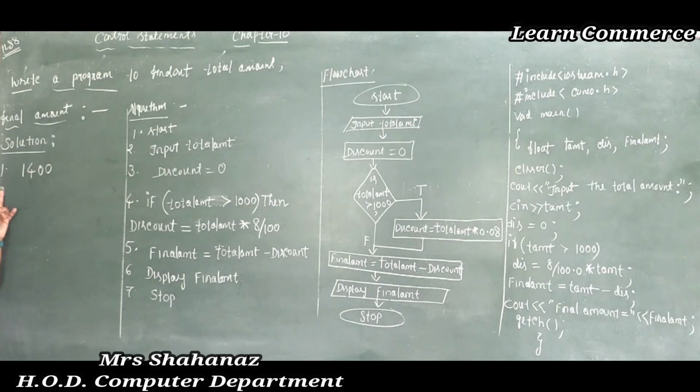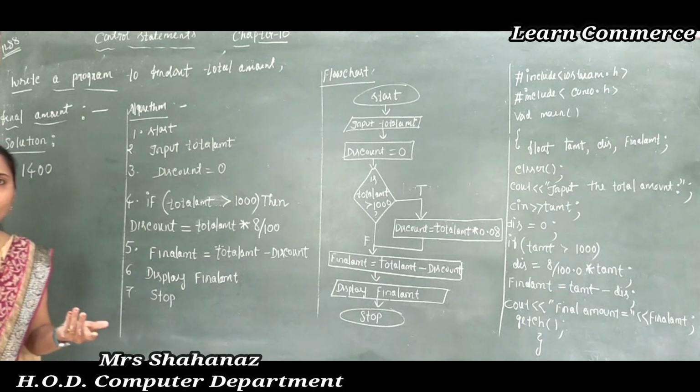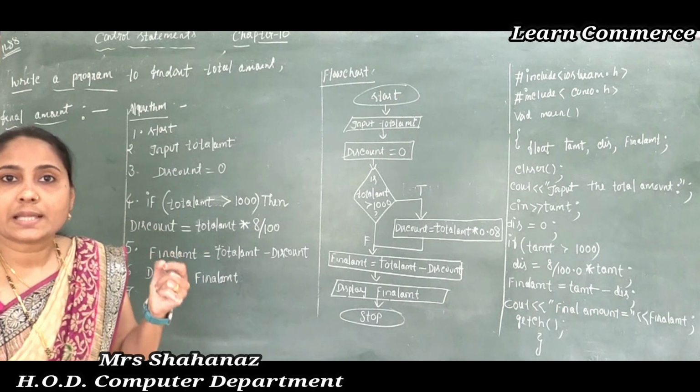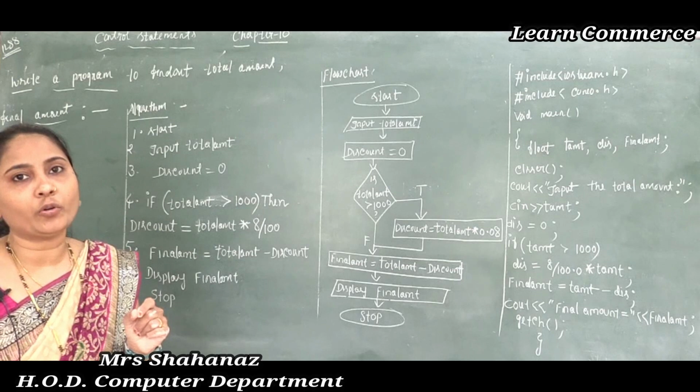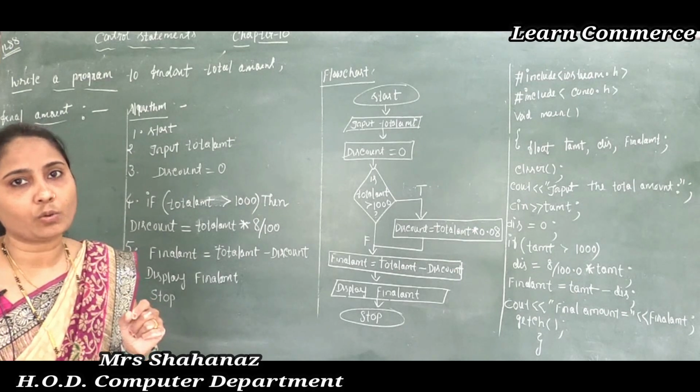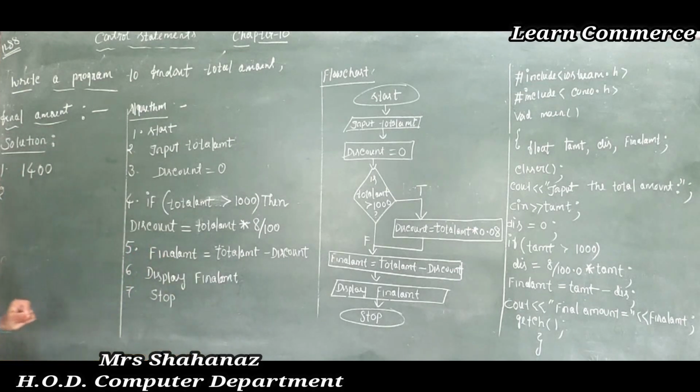Okay? And next, the second point. Assuming that if the total amount of the bill is less than 1000, in this case the discount value is equal to 0. What I said in the second point is when the discount amount becomes 0: if you are taking the total amount of the bill as less than 1000, in this case the discount value is equal to 0.